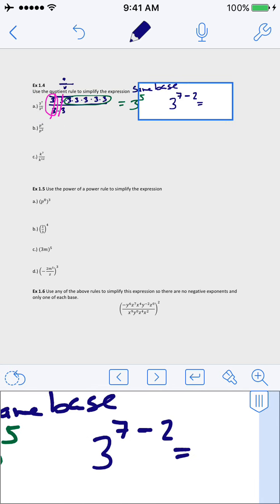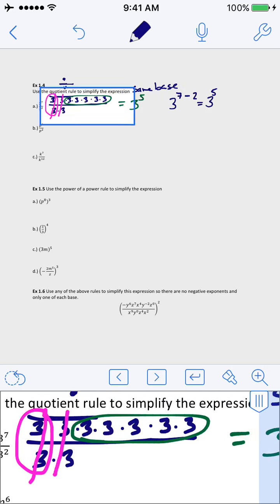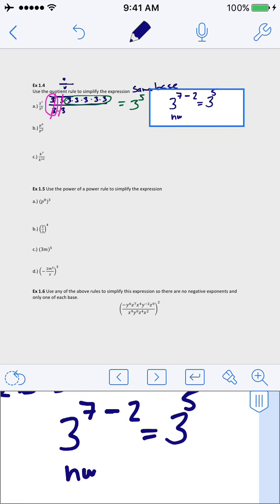So 3 to the 7 minus 2 is 3 to the 5th. And you always subtract top to bottom. Always subtract numerator minus denominator. Sometimes, yes, you will end up with a negative number, but then you just apply the negative exponent rule, right? And then you've got 1 over whatever. But here you always subtract numerator minus denominator. I'm going to write that a little clearer. Numerator minus denominator.